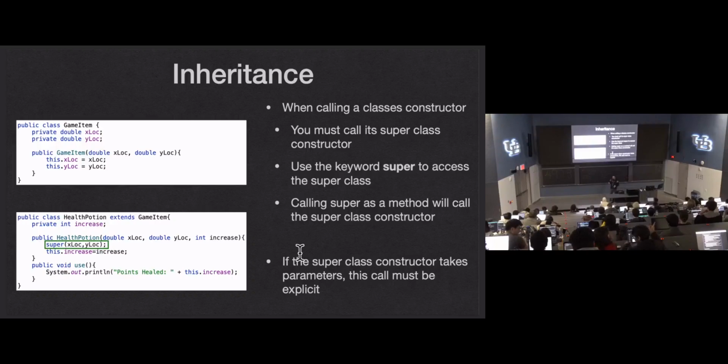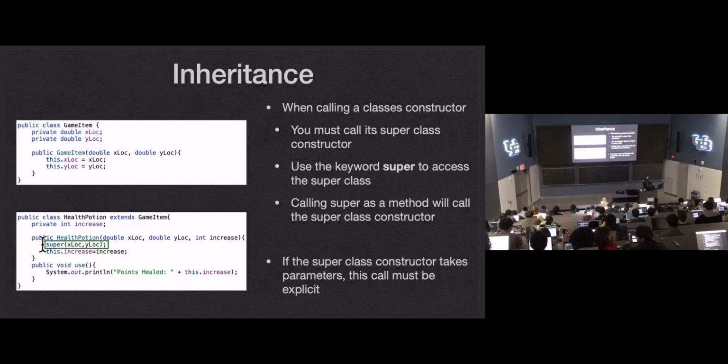Super is going to be the superclass. So if we want to access anything of the superclass, super, the keyword, is in place of GameItem. In this case, we're calling the constructor.